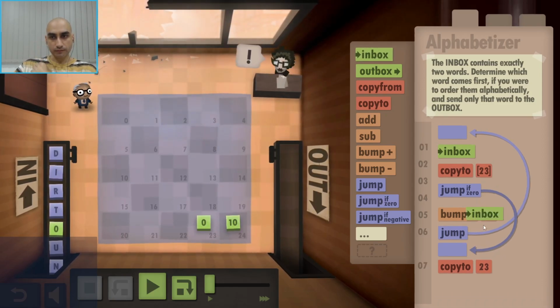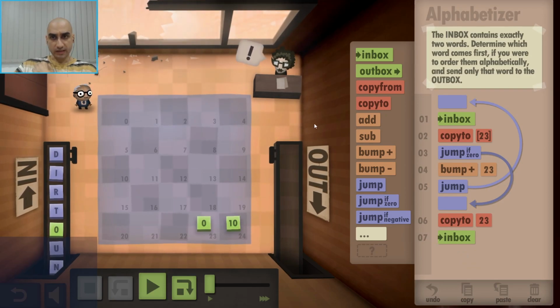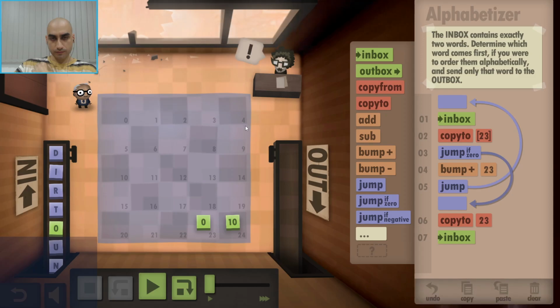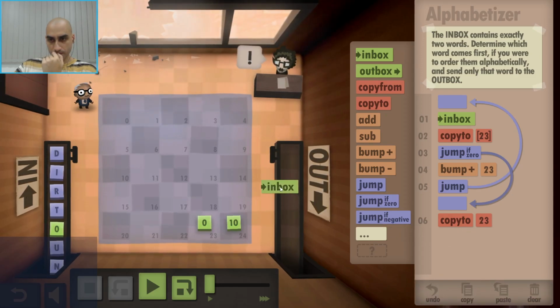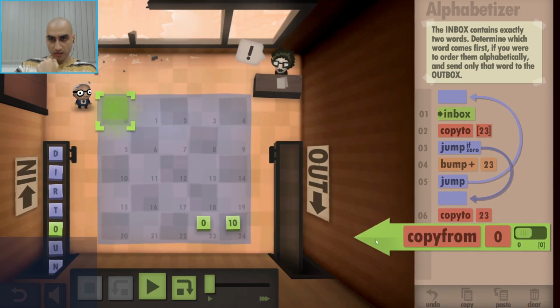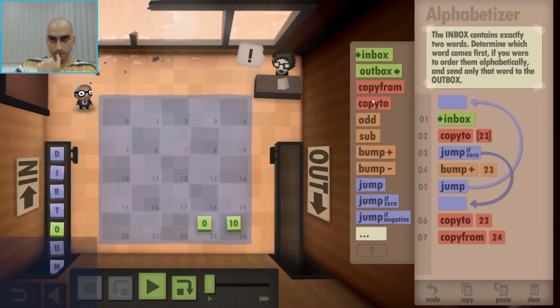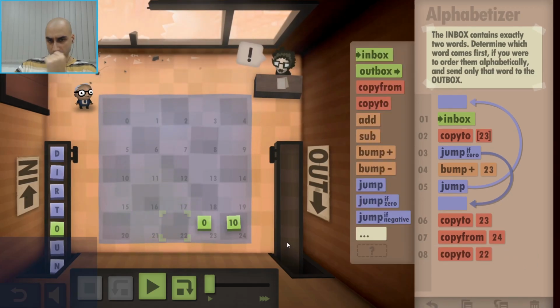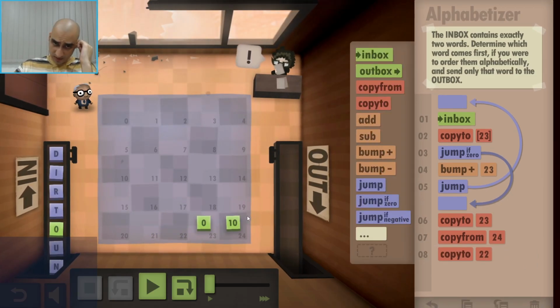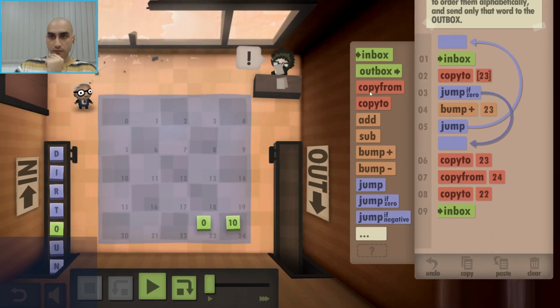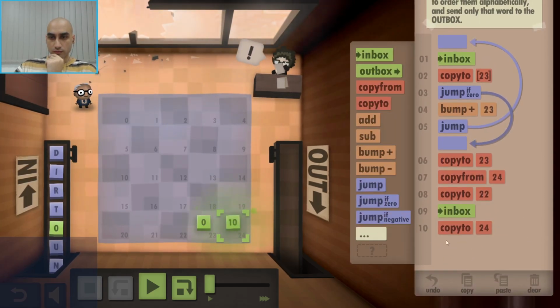Now, we do this again. Take a letter. Let's copy this one and put it here. So we still have 10, because we'll need 10 later on. We'll need to remember where we started from.